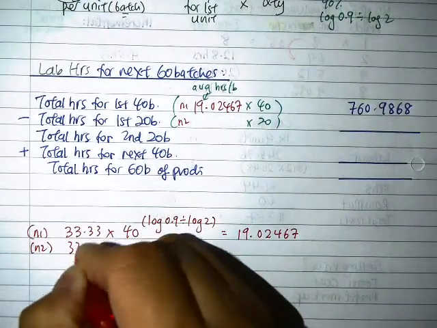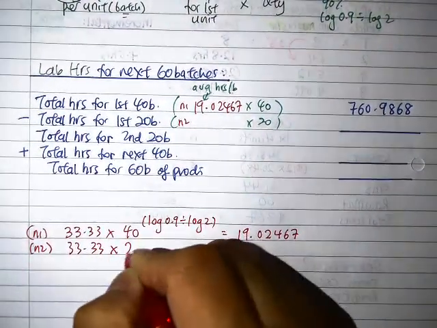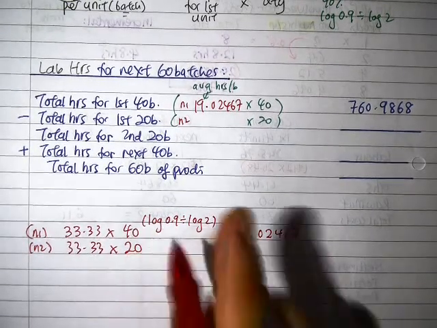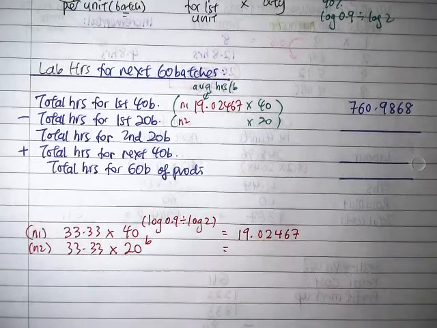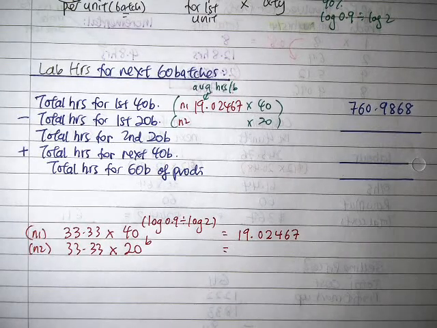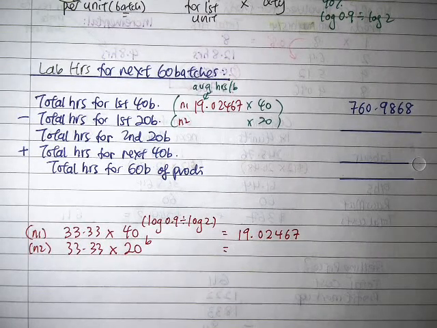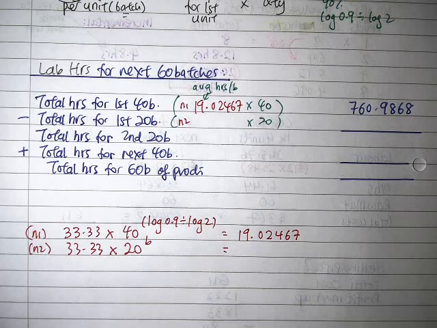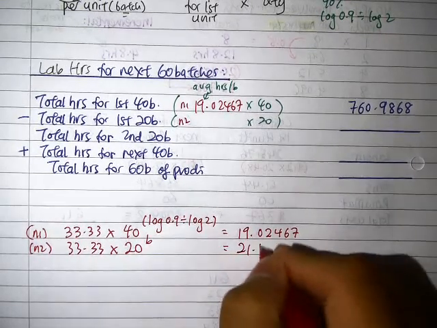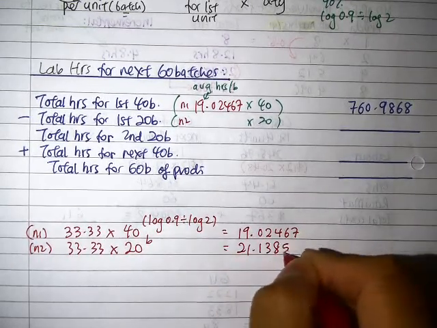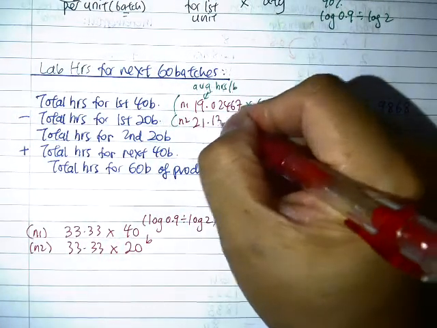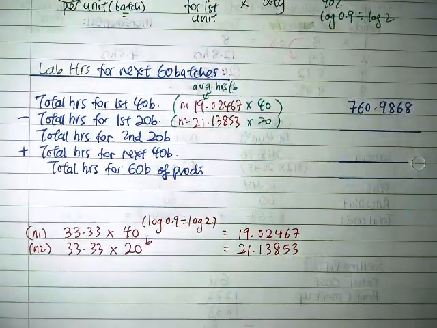You're just replacing 40 with 20, and the power of b is the same. So by just changing this to 20 instead of 40, the average is 21.1353.